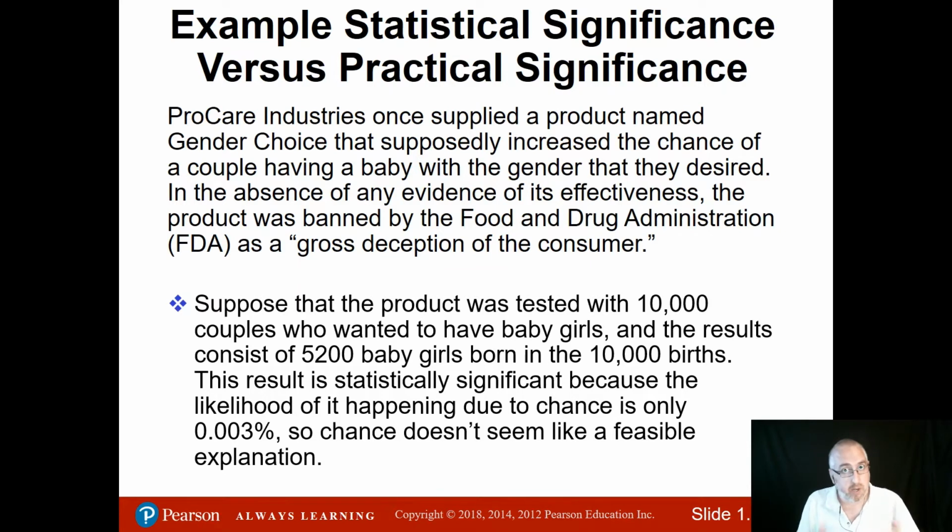If you're thinking 5,200 or more, all of those chances together would be about 48%, somewhere in there. But getting precisely 5,200 out of 10,000 is what they're looking at, and that's why it's such a small percentage chance that it happens. So technically, it is statistically significant.